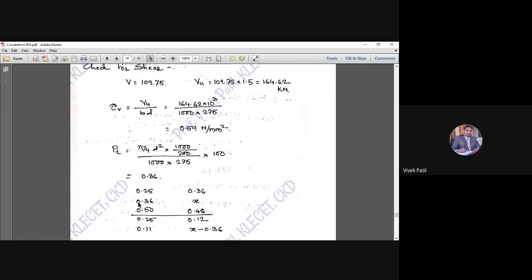Then go for the interpolation method. 0.5 minus 0.25 is 0.25; 0.36 minus 0.25... then 0.48 minus 0.36 is 0.12, and x minus 0.36.